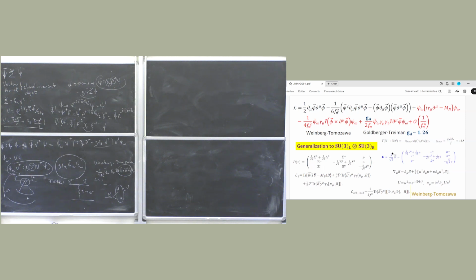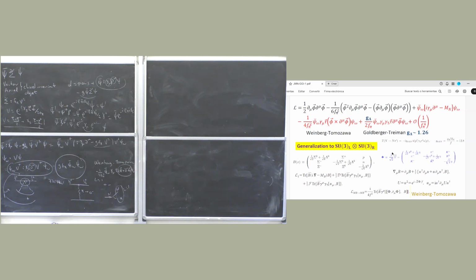And this value GA takes experimentally is of the order of 1.26. So the prediction of ChPT at leading order was something like 1, so it's not too bad.